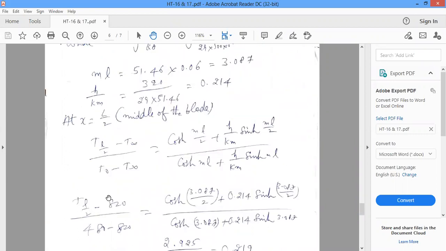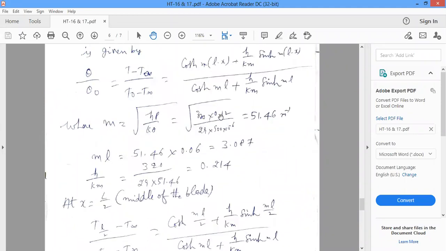T at L by 2 minus T free stream divided by T naught minus T free stream is equal to cosh m(L minus x) plus h by km sinh m(L minus x), divided by cosh ml plus h by km sinh ml.